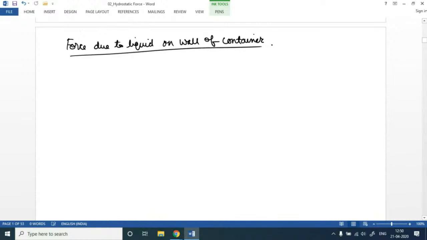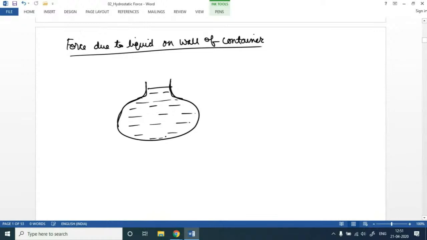The general idea is, let's take a container of any random shape. Let's say this is the container, and some liquid is filled inside it. Here we can say that this liquid is in contact with the wall of this container at several points.